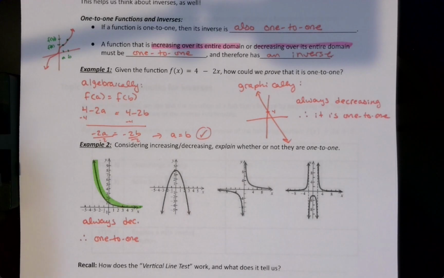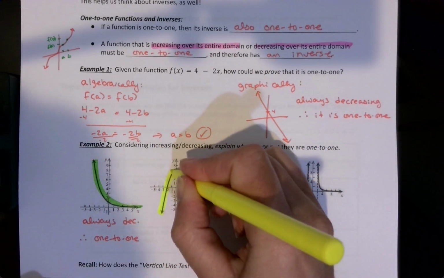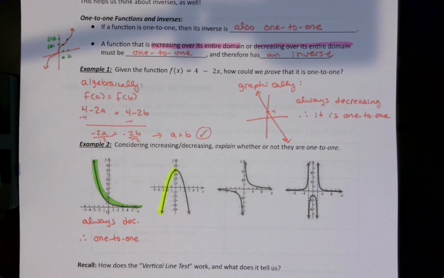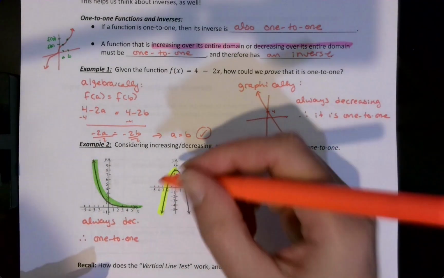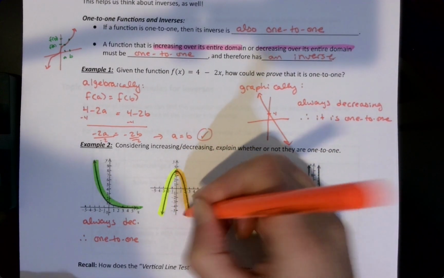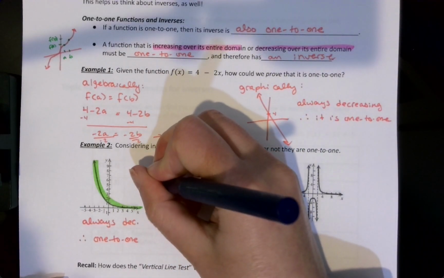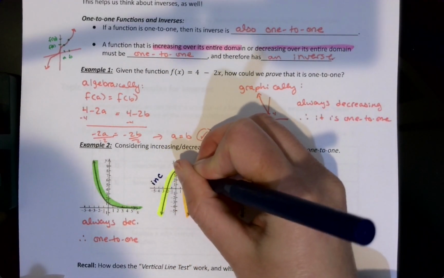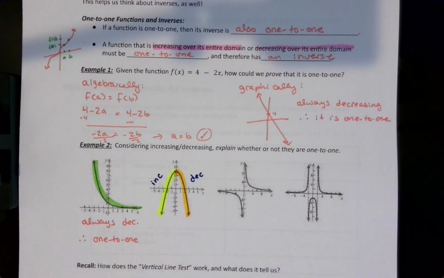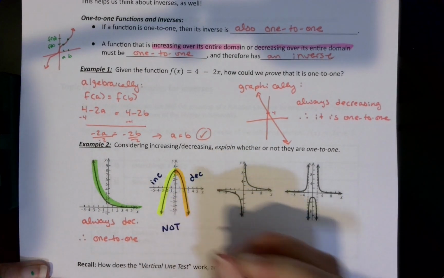In the next example, this function is increasing on the left side until you reach an x value of 0. And then it changes direction and is decreasing on the right-hand side. So it's increasing and decreasing on different parts of its domain. Therefore, it is not going to be 1 to 1.